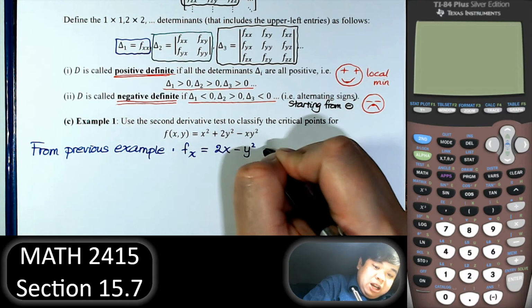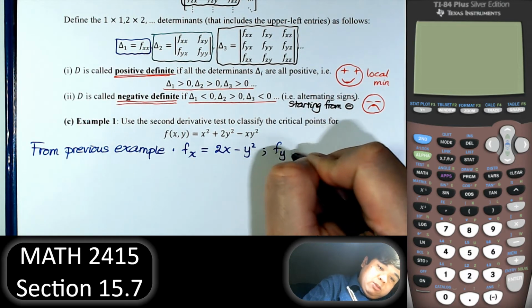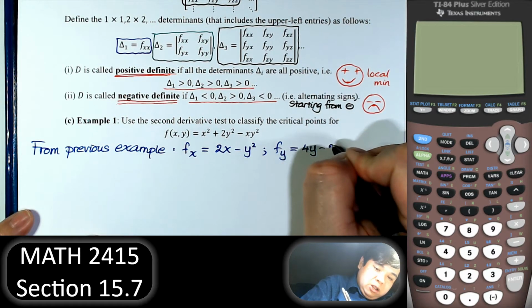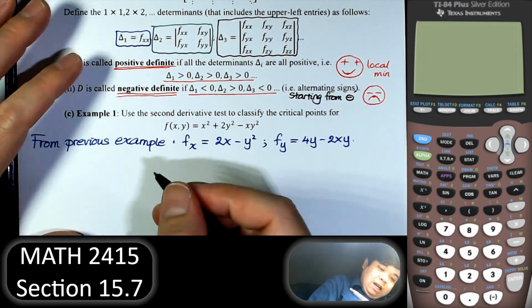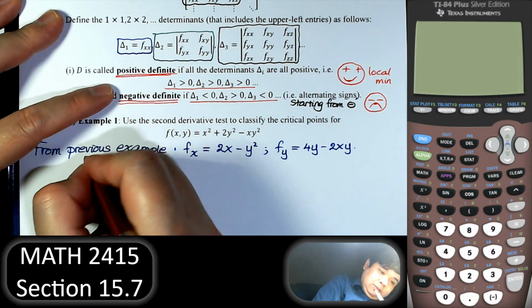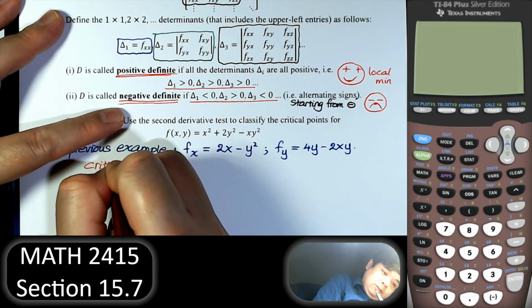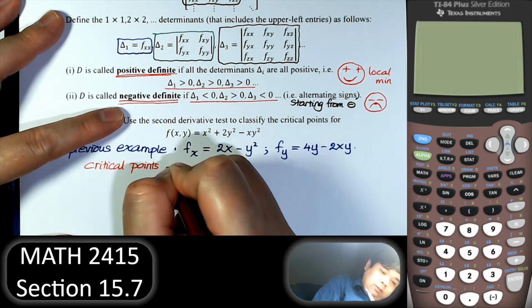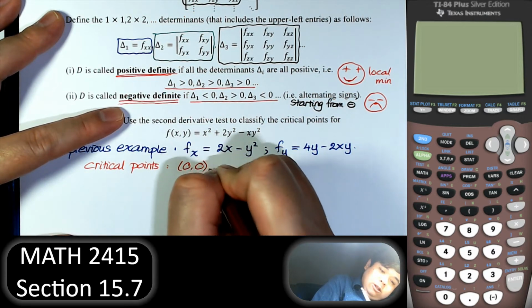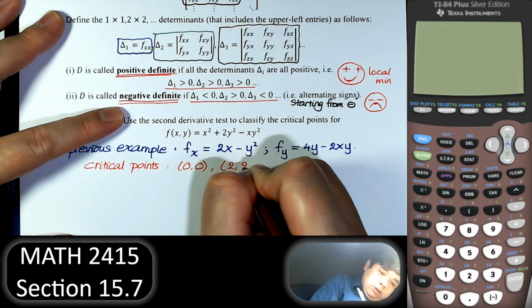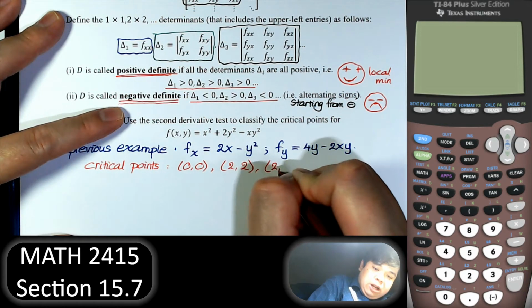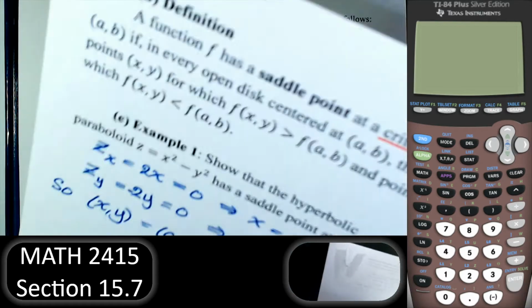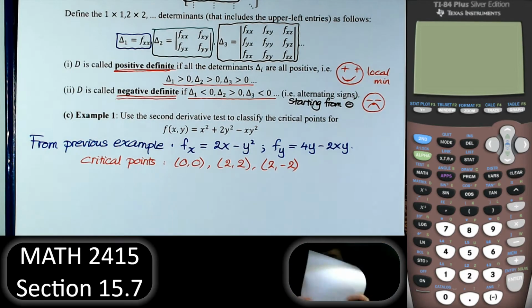We need this so we can take the second derivative. The derivative with respect to y is 4y minus 2xy. And the critical points are (0, 0), (2, 2), and (2, negative 2). So those are the critical points.